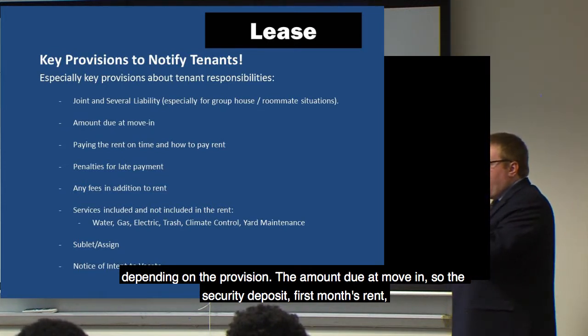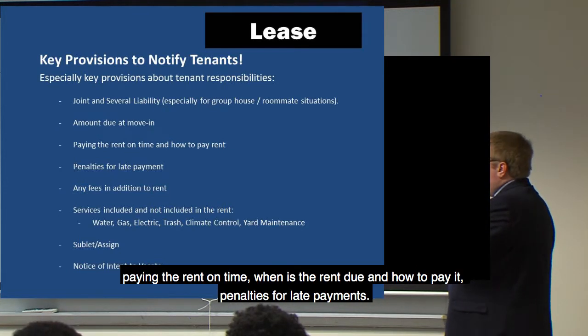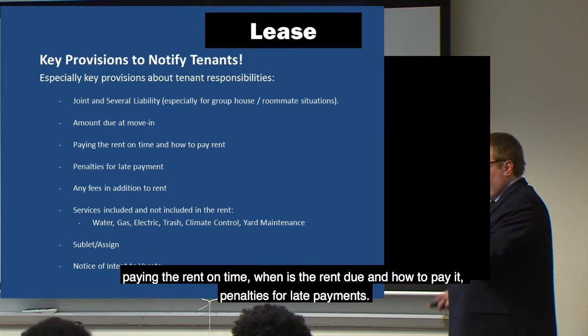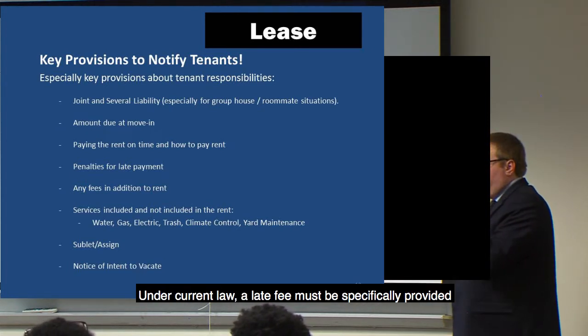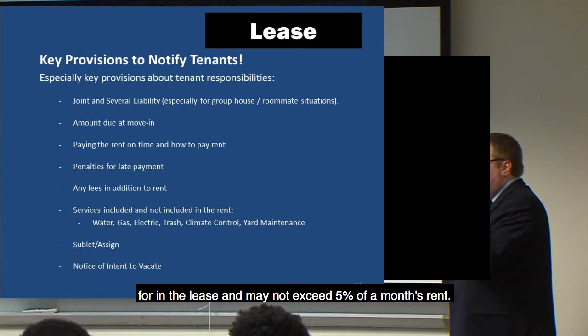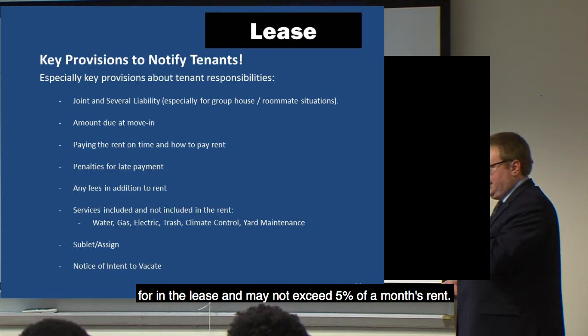The amount due at move-in, so the security deposit, the first month's rent. Paying the rent on time, when the rent is due, and how to pay it. Penalties for late payment. Under current law, a late fee must be specifically provided for in the lease and may not exceed 5% of a month's rent.